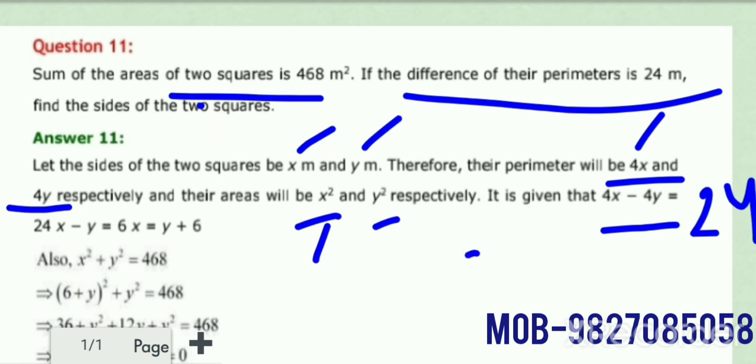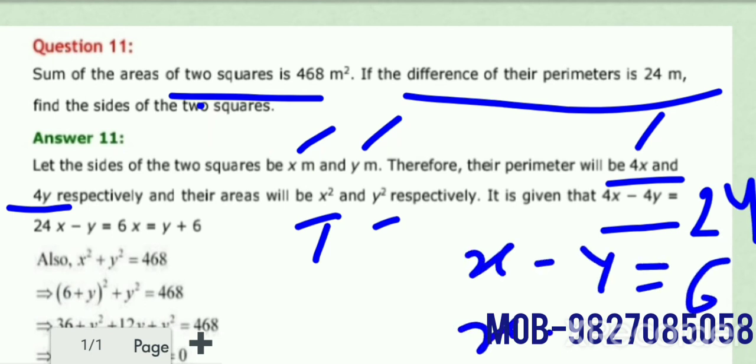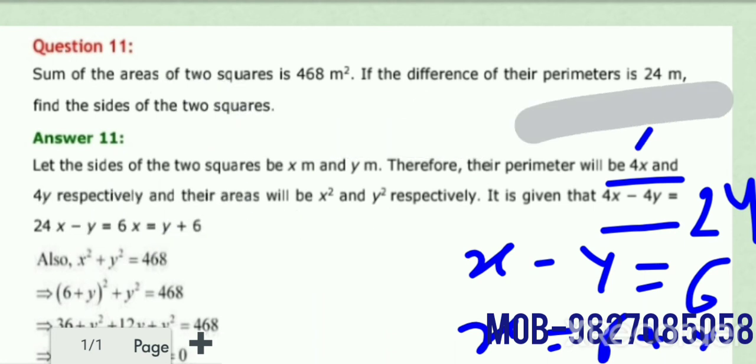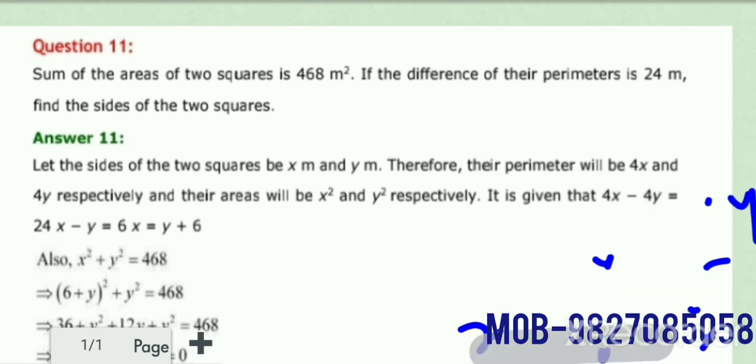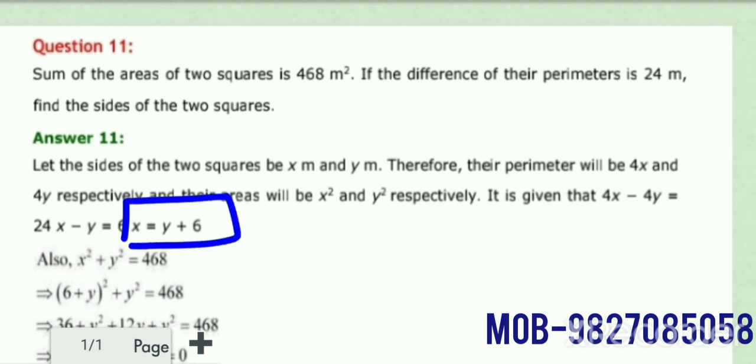Taking 4 common, we get x minus y is equal to 6, and x is equal to 6 plus y. So this is the equation for x. Okay, this is the value of x, means x is equal to y plus 6.